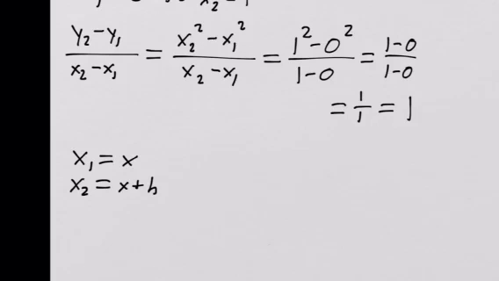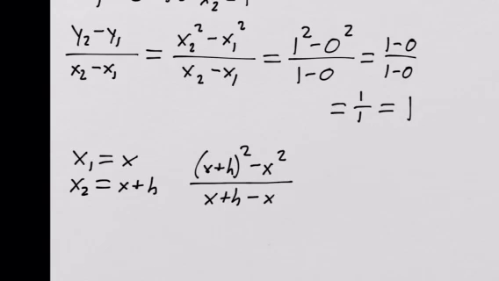So with what we have in this equation, we get x plus h squared minus x squared over x plus h minus x. Now we can immediately see in the denominator that the x's cancel out.